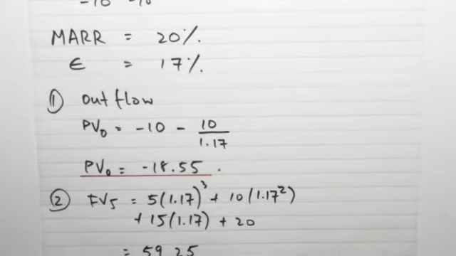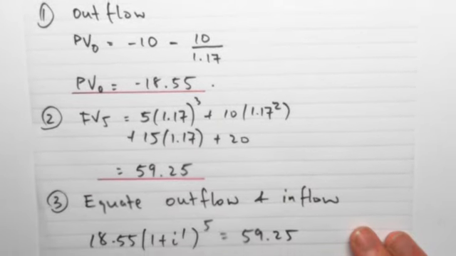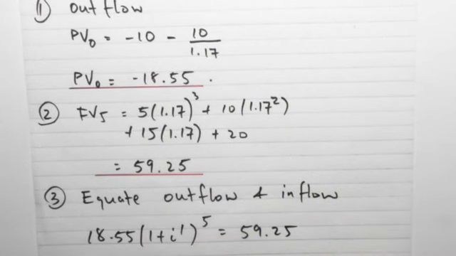If we do that, we work out our future value to be $59.25. Then the next step is to equate the inflow and the outflow so they are the same at the future value at year 5.